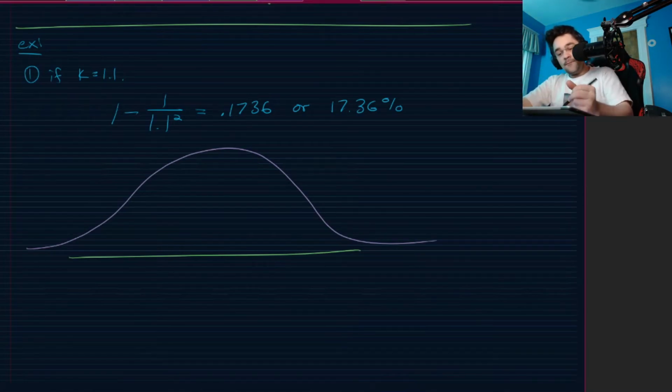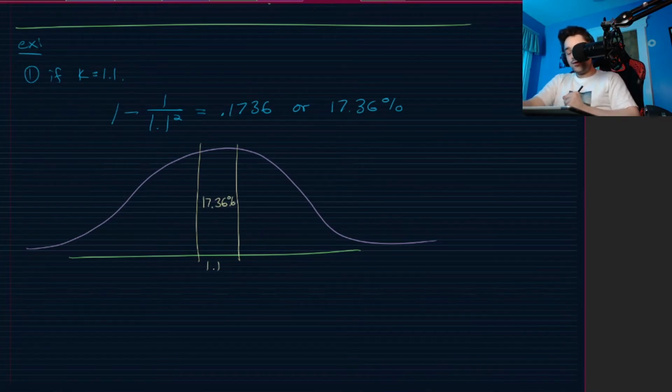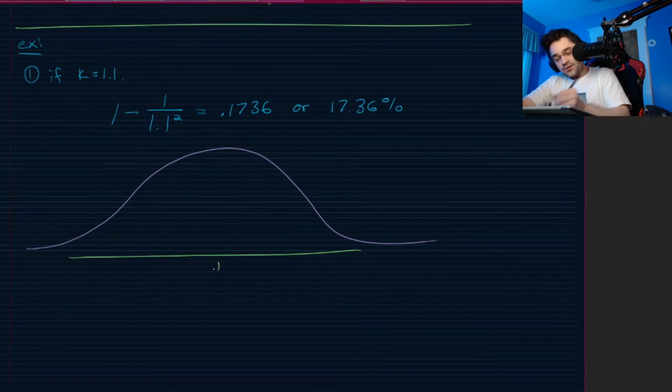We know 17.36% of the data falls within 1.1 standard deviations. Wait. How do I want to say? No. I drew the picture a little bit wrong. I'll correct this. So the mean is going to be right here.